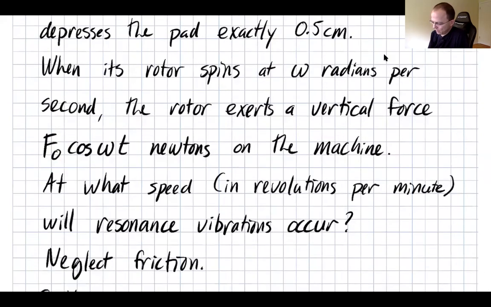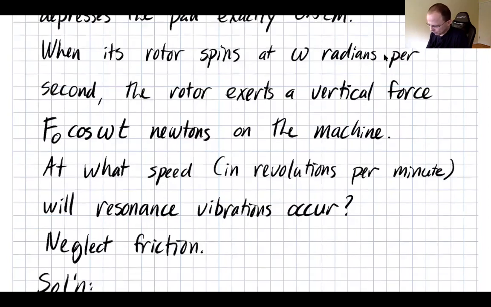But no matter what this is, we're going to see that resonance vibrations will occur at some speed. As the speed is getting higher and higher, eventually we'll get to a speed that matches the natural frequency of this washing machine on this rubber pad, and we're going to get some resonance occurring.